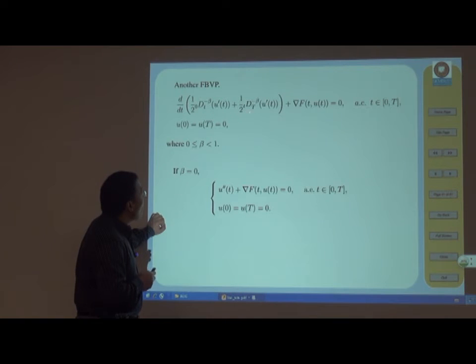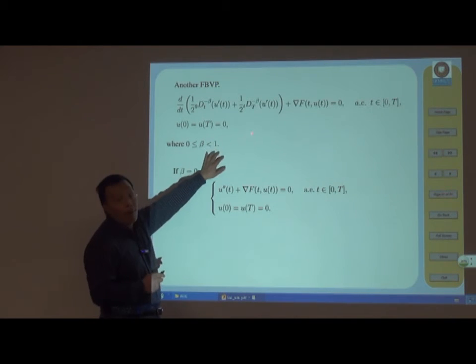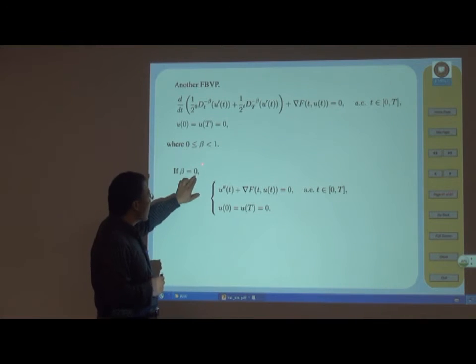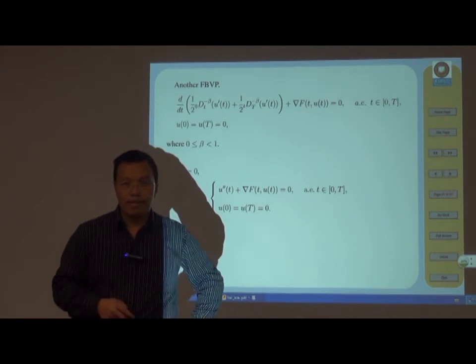So the order of this equation is 2 minus beta, and beta is between 0 and 1. And especially when beta equals 0, then the order here is 2, and then we get the common problem as this.